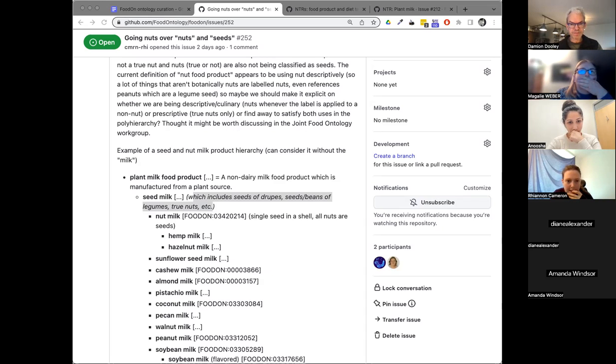Yeah, there was an editor note, and under nut we have a peanut as an example, which isn't a true nut. So it doesn't have a definition. Changing an editor note isn't that big of a deal, I would think. But giving it a definition that makes it very clear that we're talking about true nuts in this case would be important.